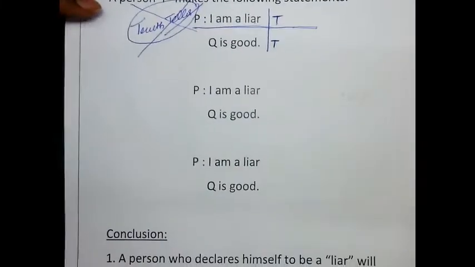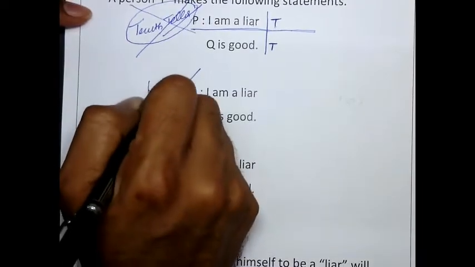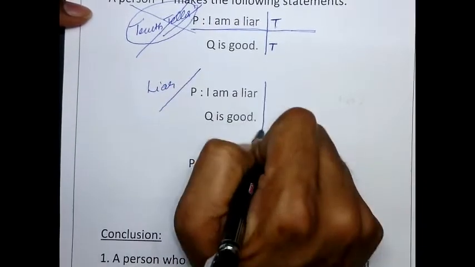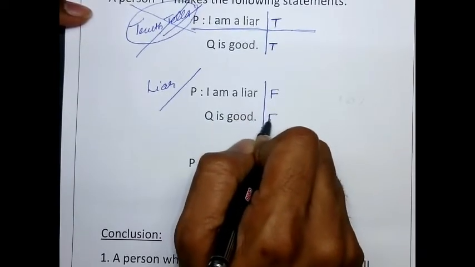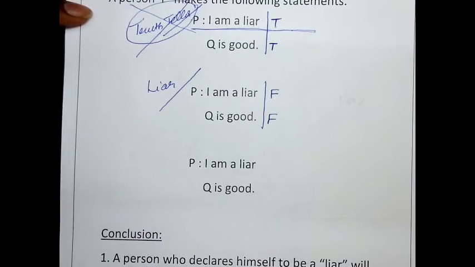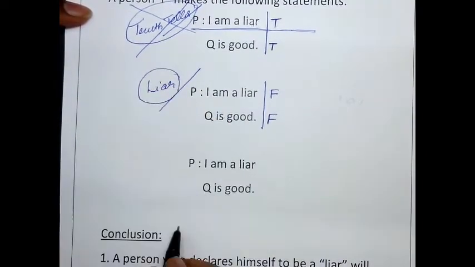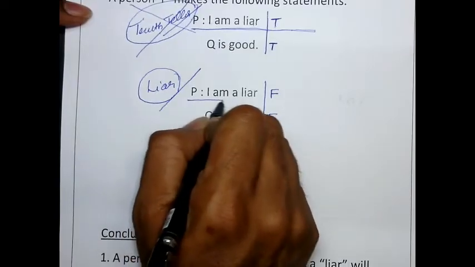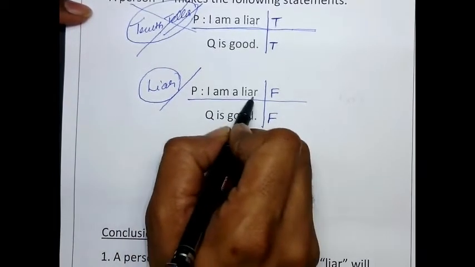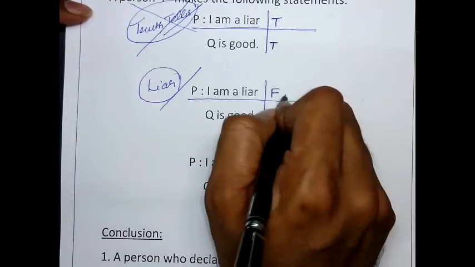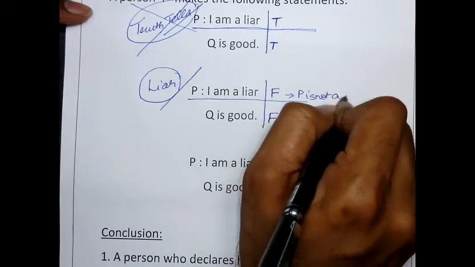Let me now assume that P is a liar. If P is a liar, this statement is false. The second statement is also false. The assumption is that P is a liar. The first statement made by P, I am a liar, that is P is a liar, is false, which means P is not a liar.